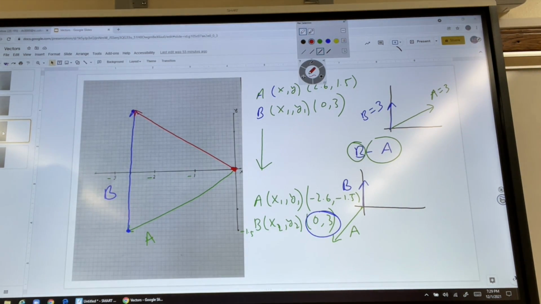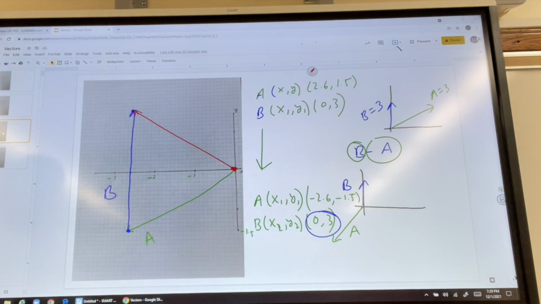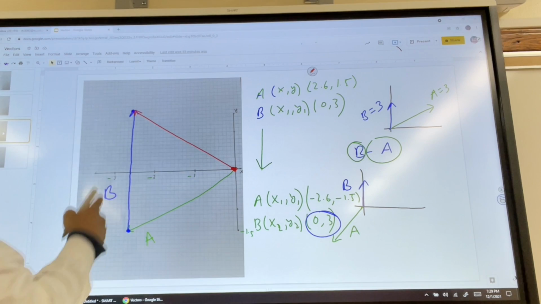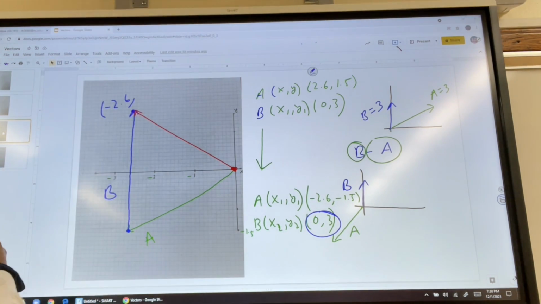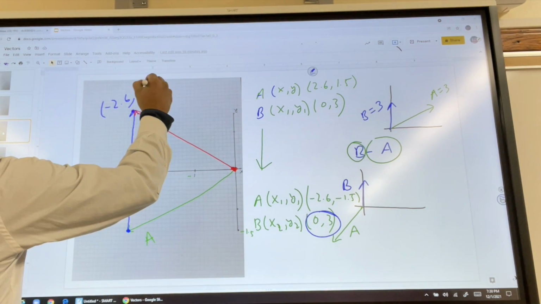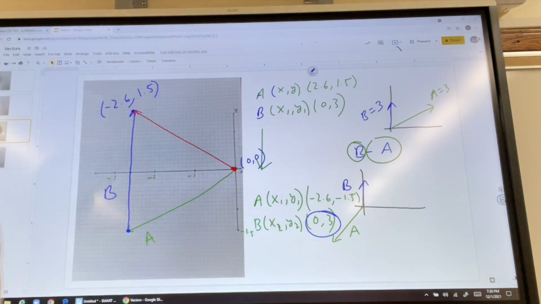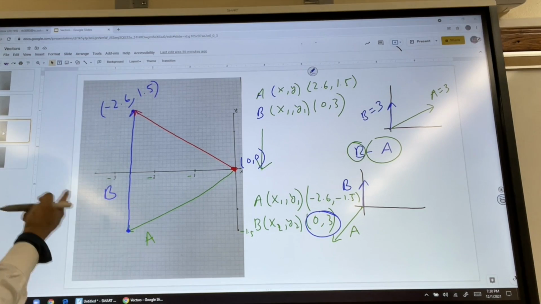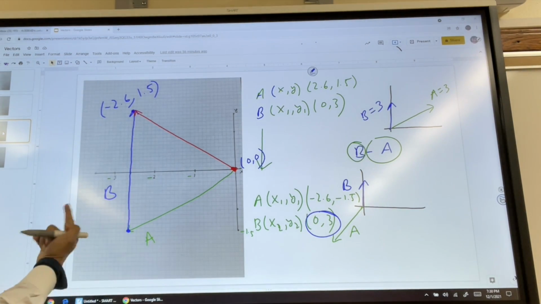We can use the distance formula to find the resultant. So what is this point? If we know this point, we can use the distance formula. This point is, of course, 2.6 comma 1.5, and the other one is 0 comma 0. You can use the Pythagorean theorem, or the distance formula, and it's going to give you the same answer.